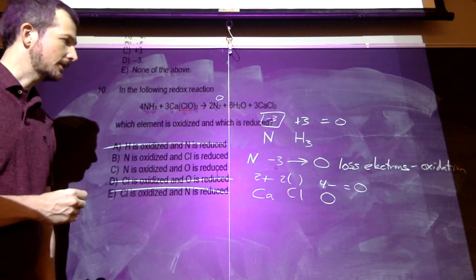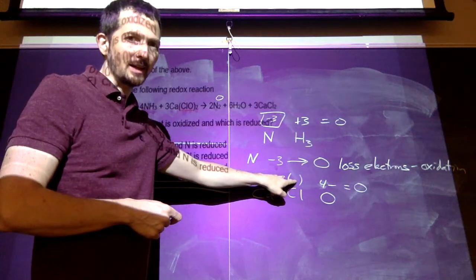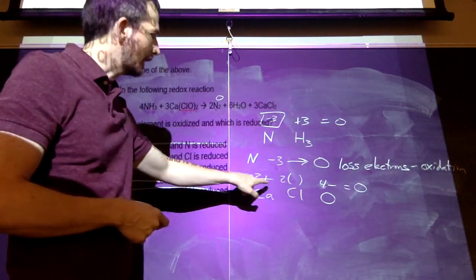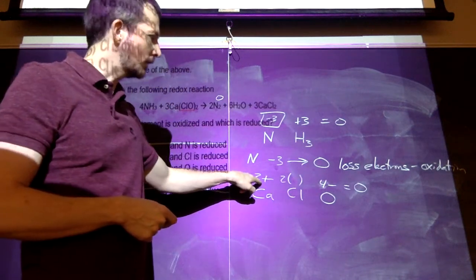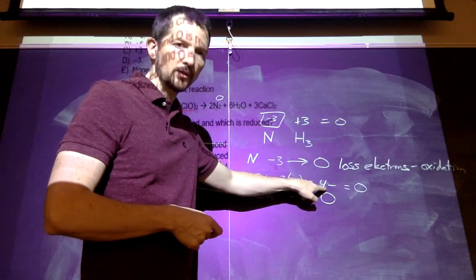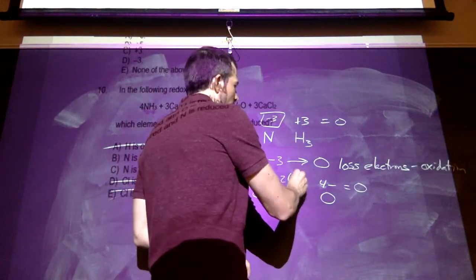So if I look at this, I have 2 chlorines as well, so I have to say 2 times something. So oxygen's a 4-, I have a 2+ here, so I need what? 2 plus 2 minus 4 would be 0. And since it's 2 times something, it must be +1.